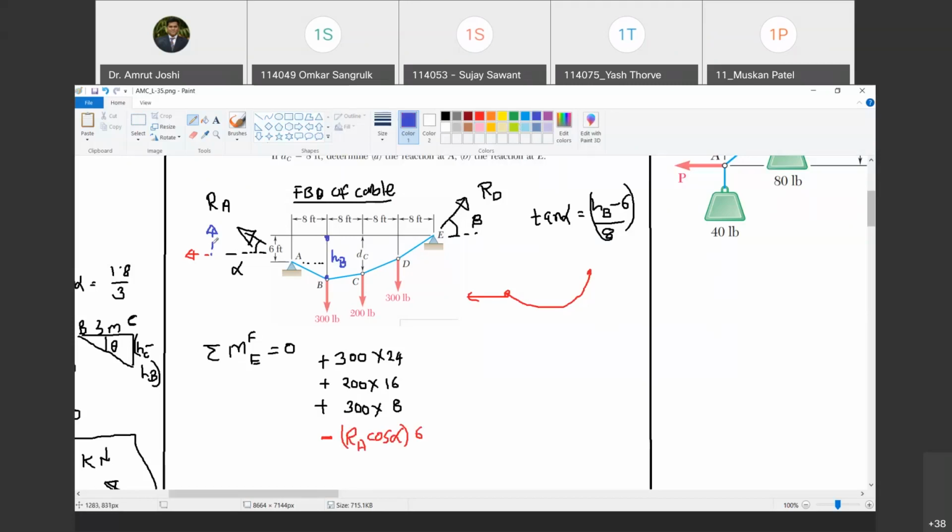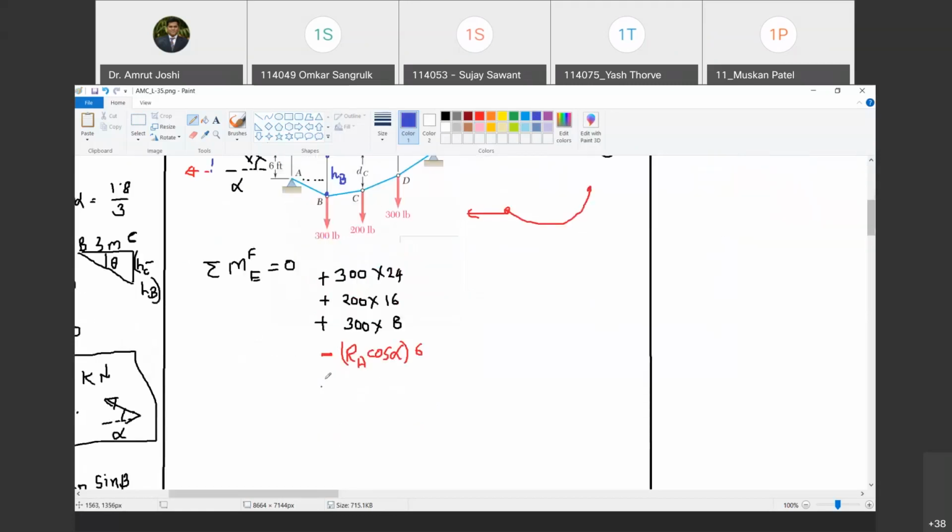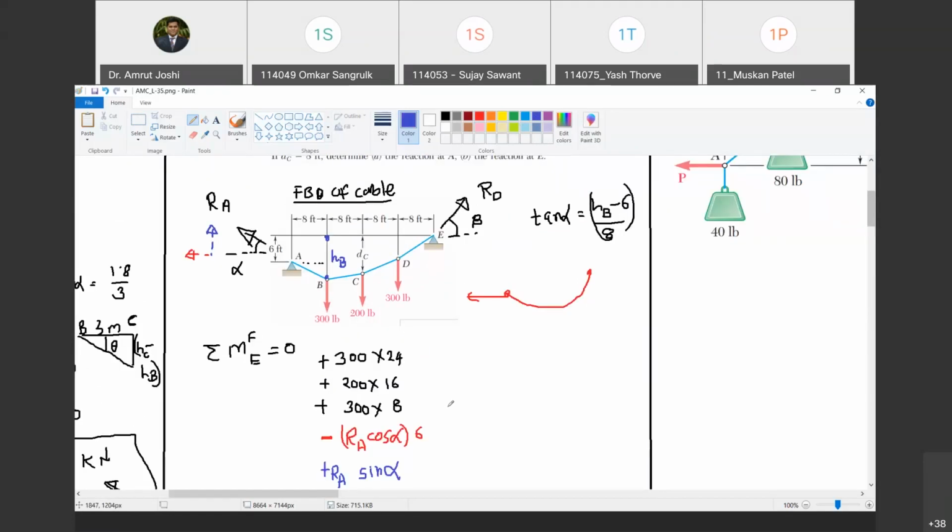Now I will maintain the color code. So vertical component I will write in blue. What is the vertical component of RA? Plus RA sine alpha. Happy? Are you with me? Yes, sir. And what kind of moment does it cause about E? It causes clockwise movement. Negative.